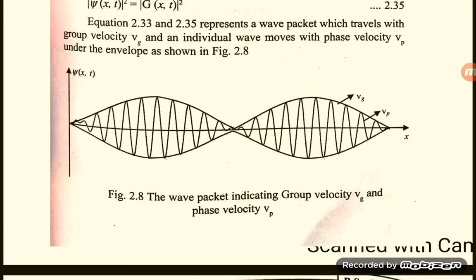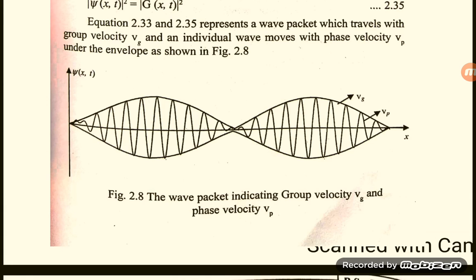Where the amplitude is minimum, there is very little chance to find the particle. So it means that within the wave packet, where the amplitude is maximum, the particle spends more time, and where the amplitude is minimum, the particle spends very little time.